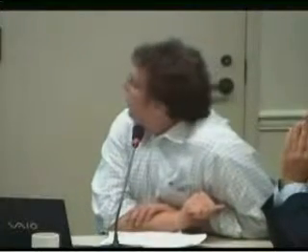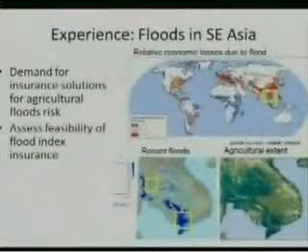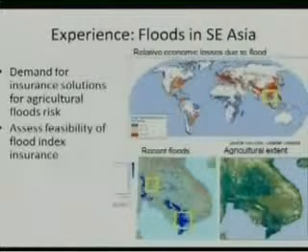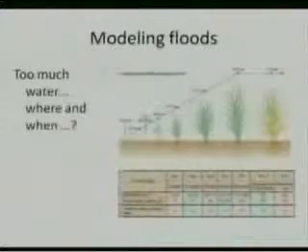On the left you see recent flood events observed over the past 8 or so years by satellites. On the right you see the agricultural extent in the dark green colors, and by and large they coincide. So this is a key challenge.